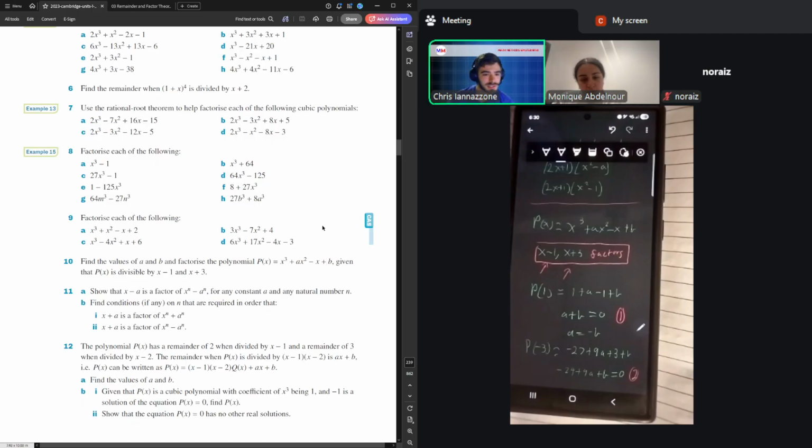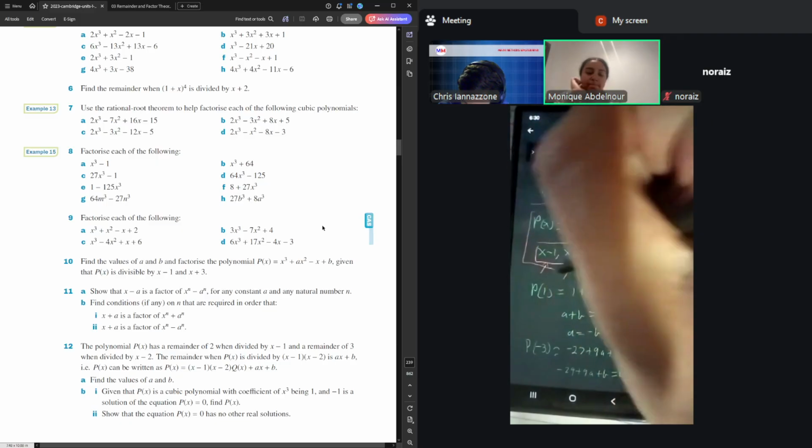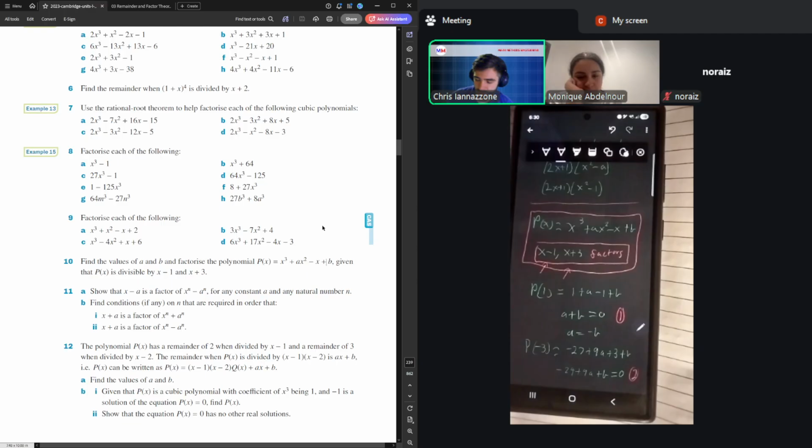Or is it guaranteed to be able to be factorized? That right there is all the information you need in that box to answer that question.